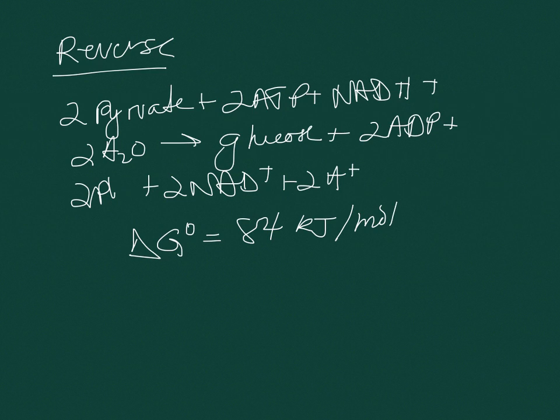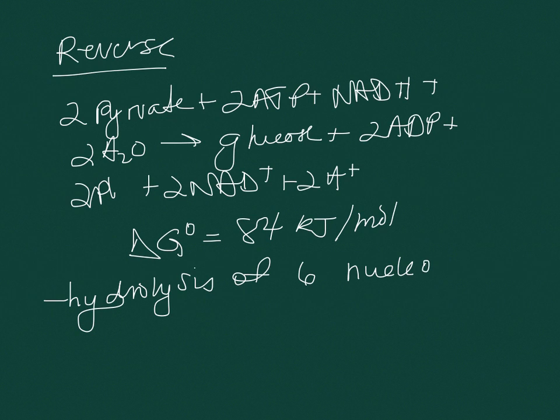So the hydrolysis of 6 nucleoside triphosphates, okay, helps offset the cost of gluconeogenesis.